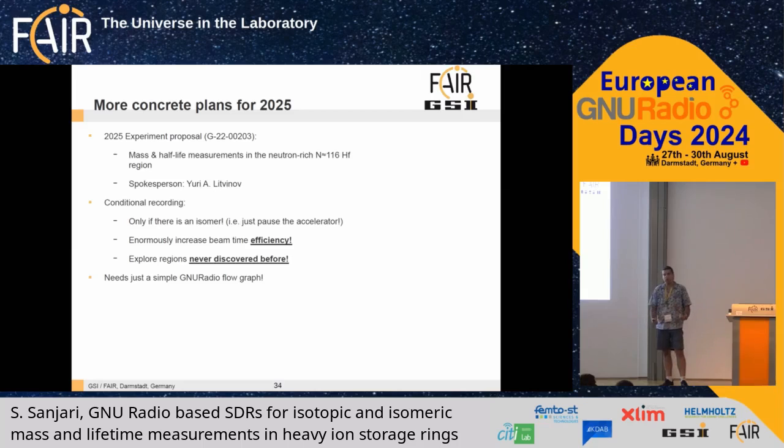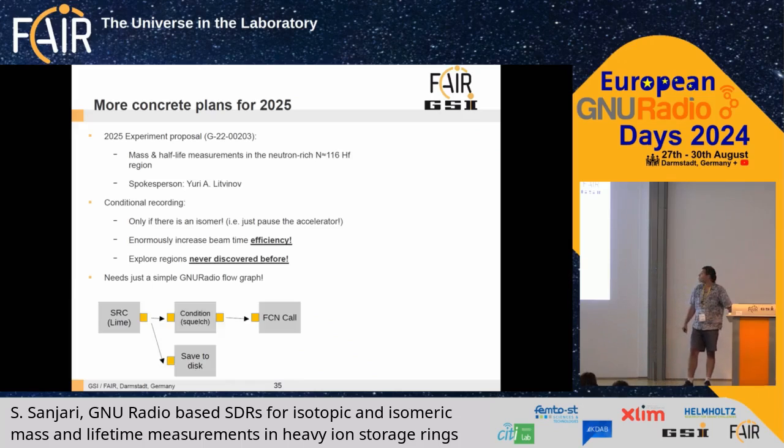So we want something that, as soon as we see the isomer, we stop the accelerator. I said, okay, fine. And they said, what? Stop the accelerator? We have never done that before in the last 50 years of GSI. To look at the spectra on the fly, and if you find something, you stop the accelerator to continue measuring it. Basically, it's a very, very simple GNU Radio graph.